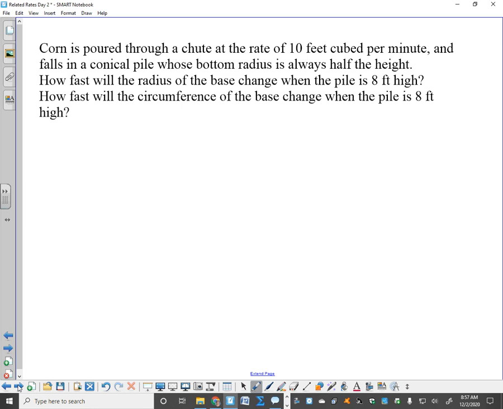So let's see. They are telling me that dV dt equals 10 feet cubed per minute. R is 1/2 the height.